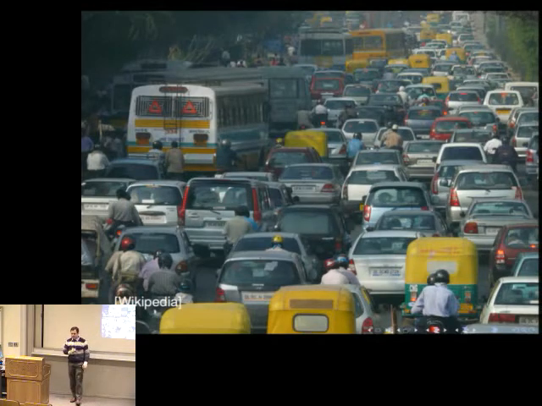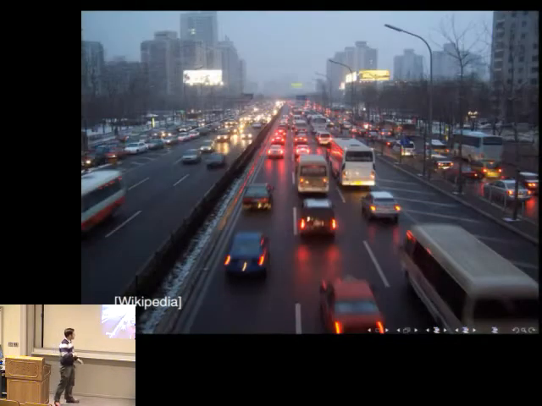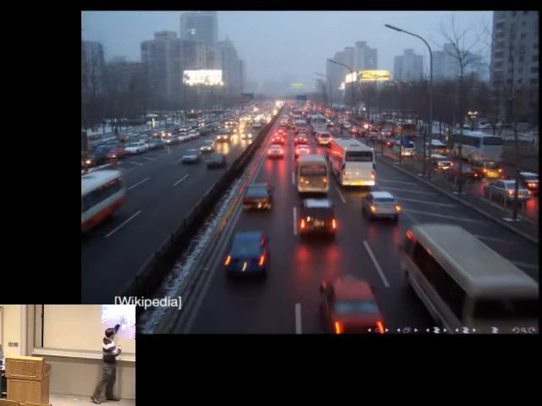So the point I'm trying to make here is, what's the relative velocity of everything in this region? It's 0, right? Nobody's moving, or they're all moving together. Likewise, we have a picture from, I think, Beijing. If we look in this region, these cars are moving at somehow the same relative velocity.